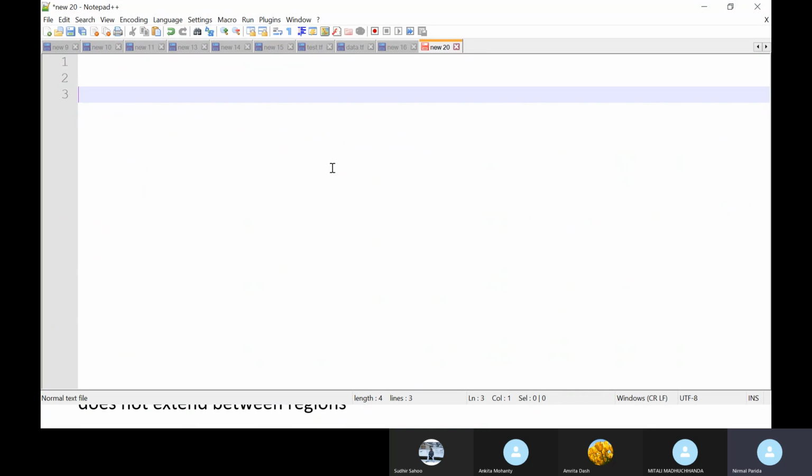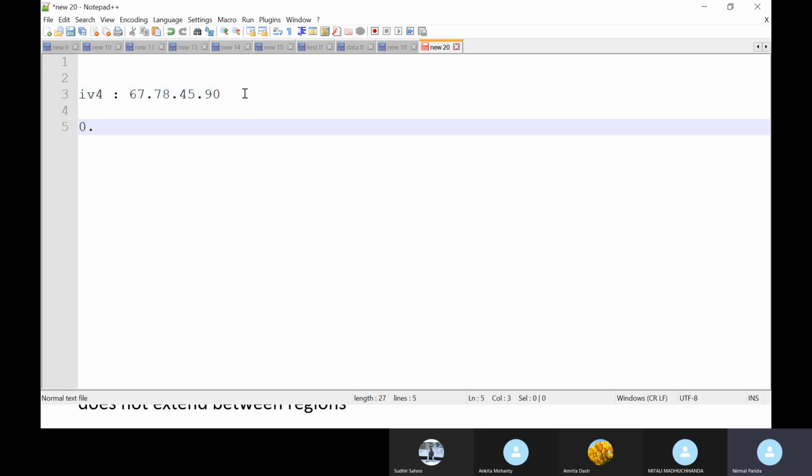Suppose your IP address, IPv4, for example, this is one IPv4 address. This is 8 bit, this is 8 bit, this is 8 bit, and this is 8 bit. Total is 32 bit. The size of IPv4 is 32 bit, and each part can range from 0 to 255.